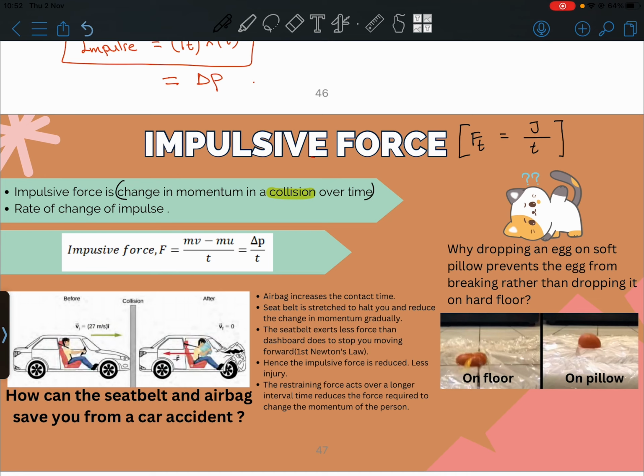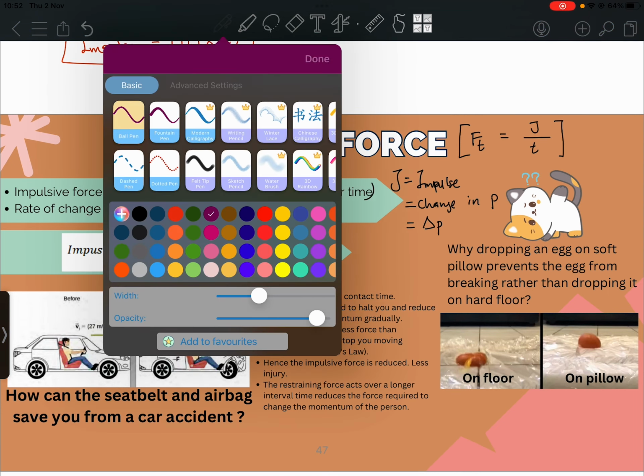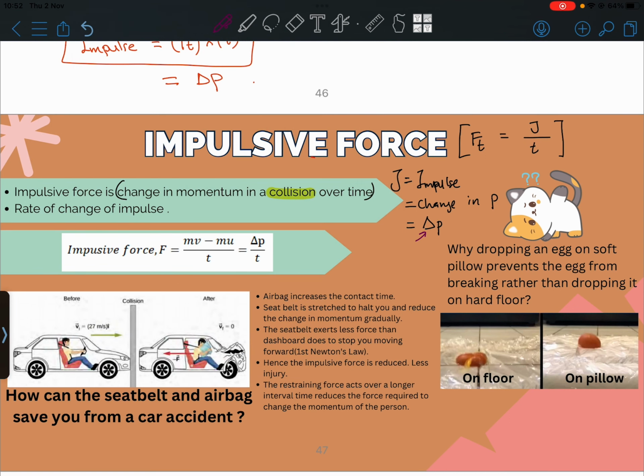J is the impulse, or the change in momentum, change in P. Usually in mathematics or physics, this triangle refers to change in. So we shorten "change in" into a triangle symbol, which we call delta.